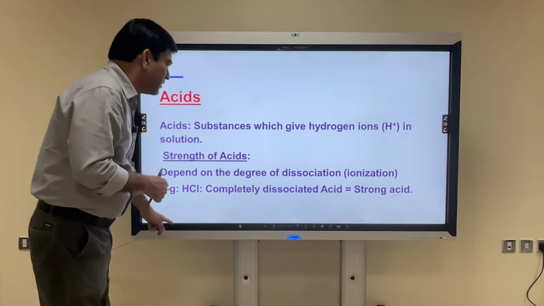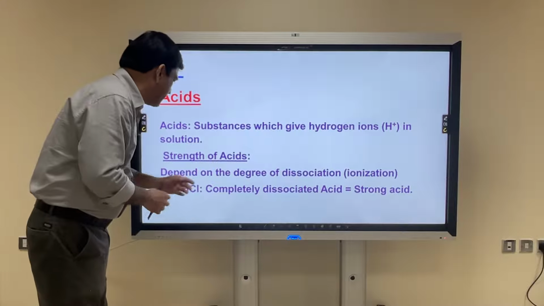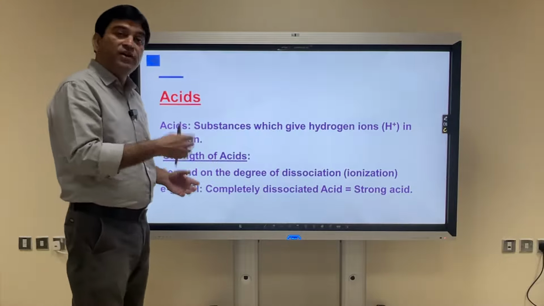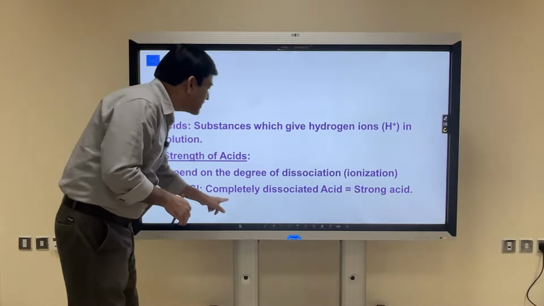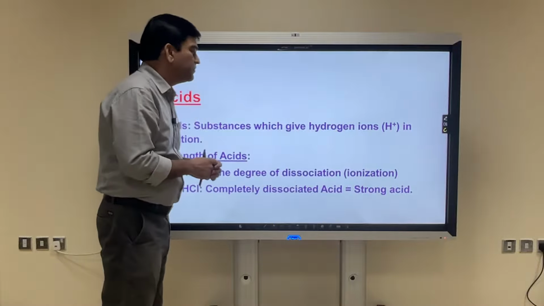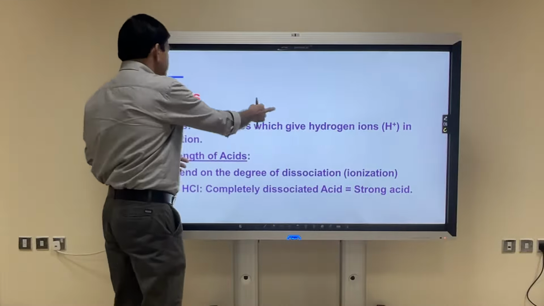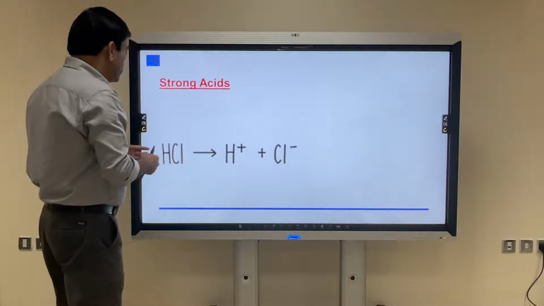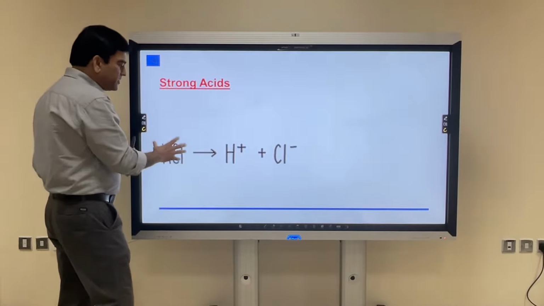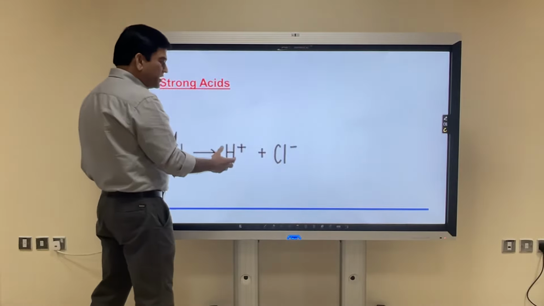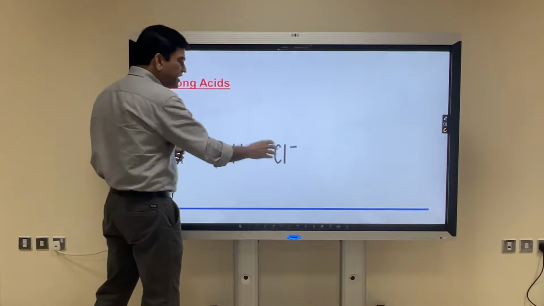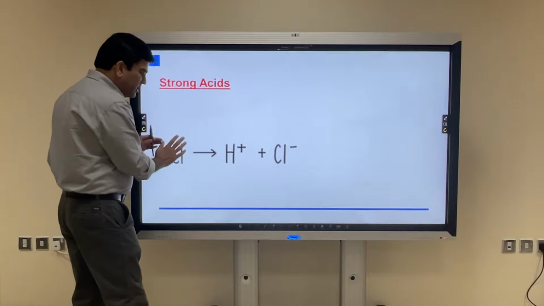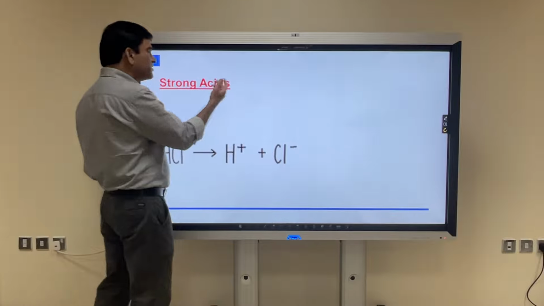One example of a strong acid is HCl. HCl is completely dissociated, and that's why it's a strong acid. HCl is dissociated or ionized into H plus and Cl minus.